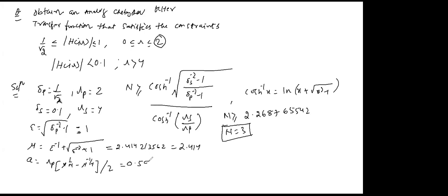A equals 0.596. Similarly, b equals omega p, mu to the power 1 by n plus mu to the power minus 1 by n, by 2, equals 2.087. Now find the value of phi k.